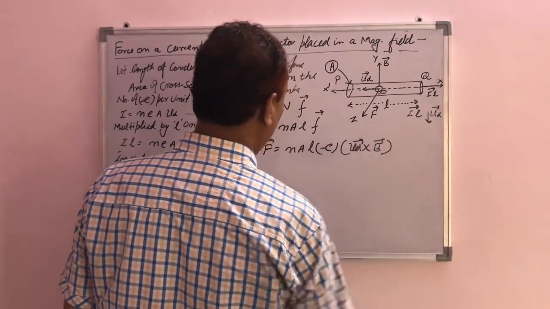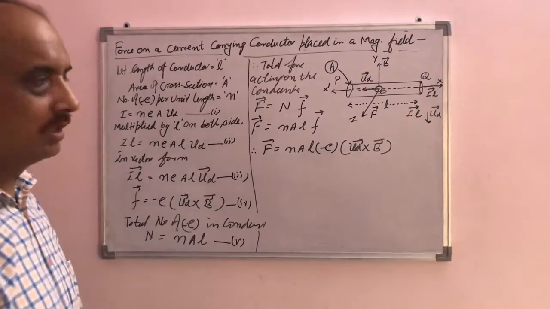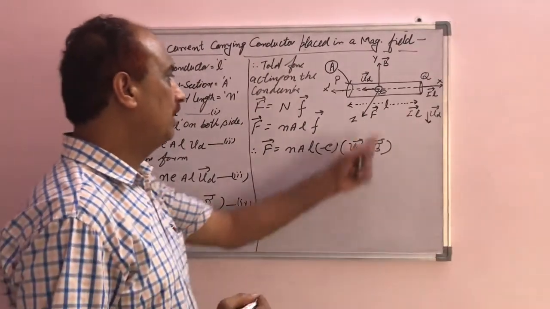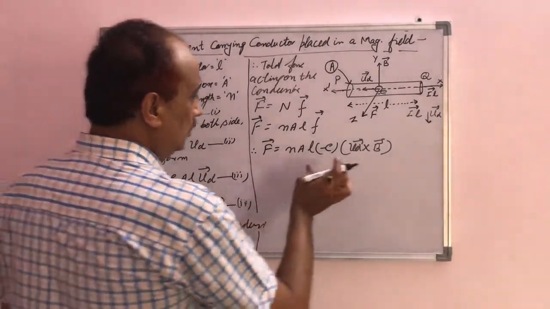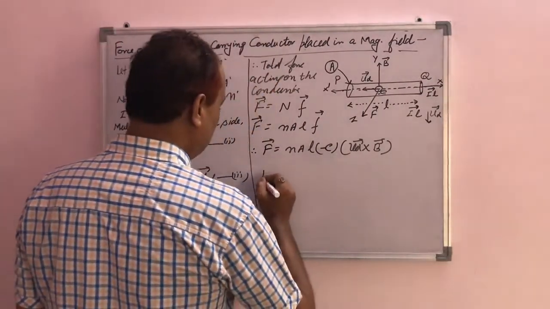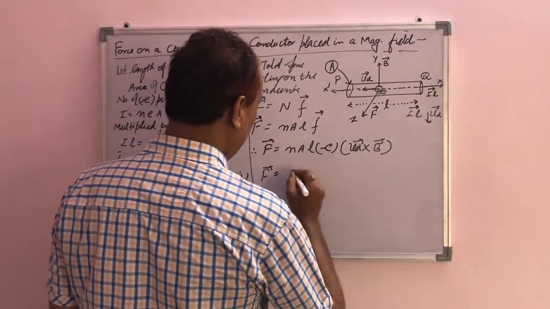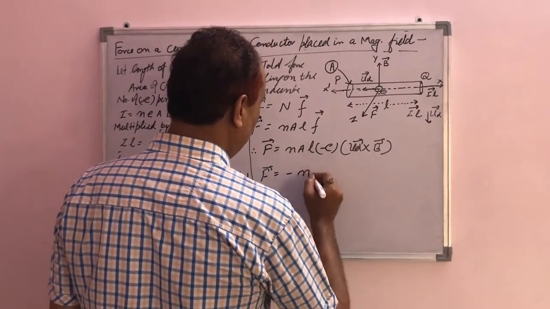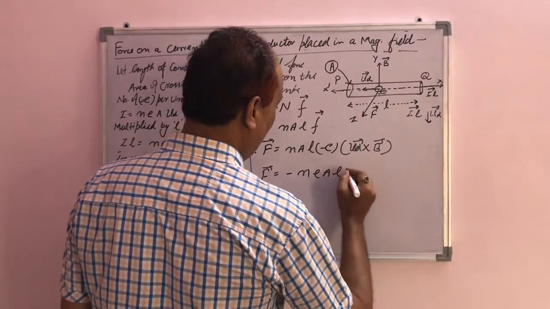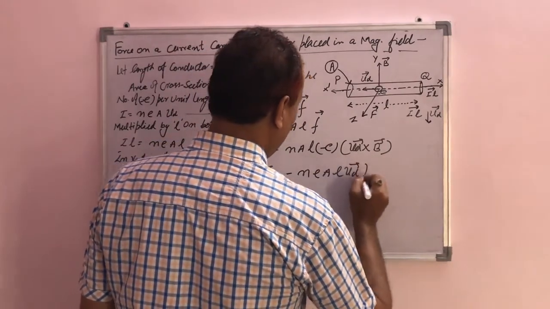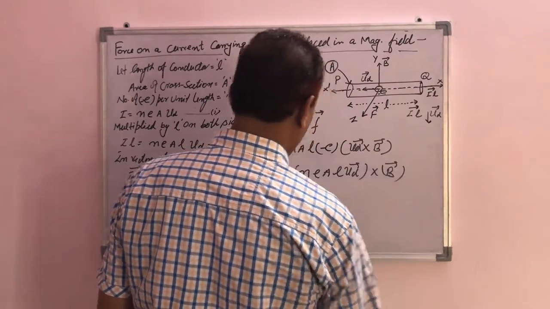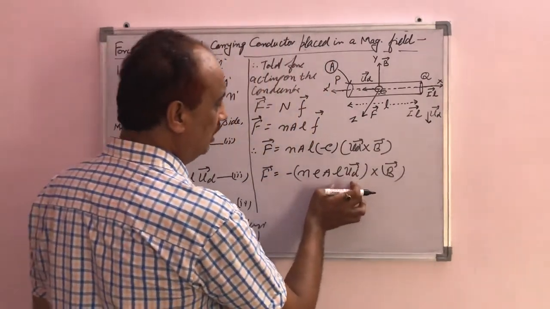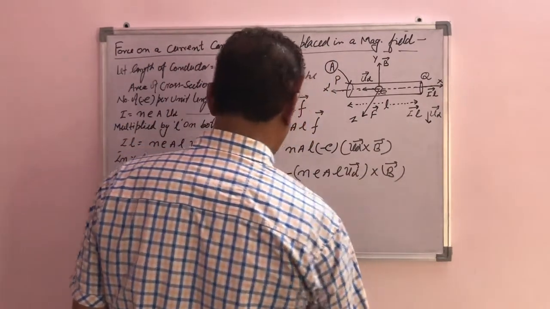This is the total amount of force acting on the conductor, perpendicular to the direction of magnetic field. We can write F vector equal to minus n e A L VD vector, in the second bracket cross B vector.